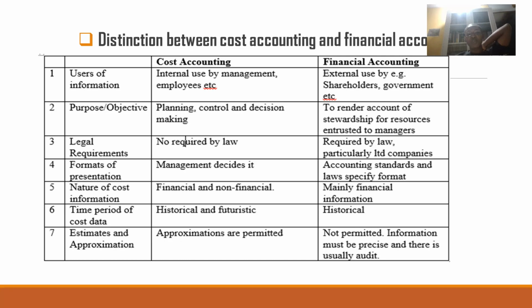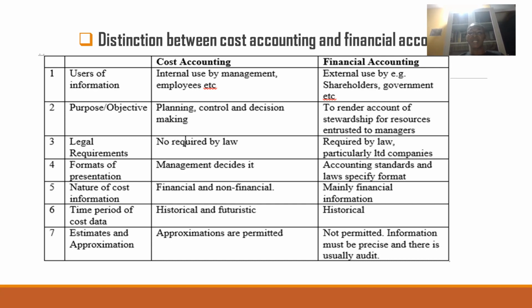Cost accounting is both historical and futuristic, while financial accounting is basically historical. Then estimates and approximation. In cost accounting, we can approximate. It is permitted. While in financial accounting, it is not permitted. In fact, there is an accounting standard that deals with issues like that.